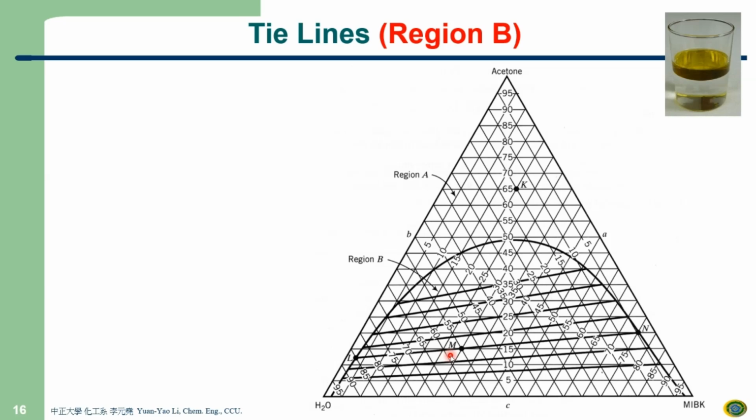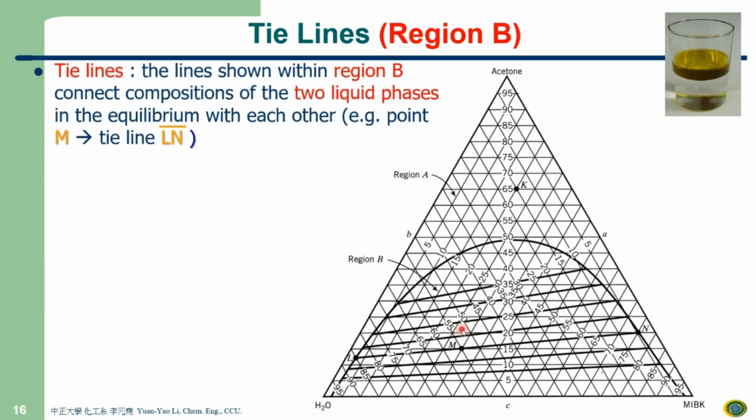You might say, well, professor, if you give me a point like this here, where is the tie line? The tie line will be here, right? The line between this line and this line will be the tie line. Okay, so let's practice. What is the M? So tie line is between this, called L and N here.